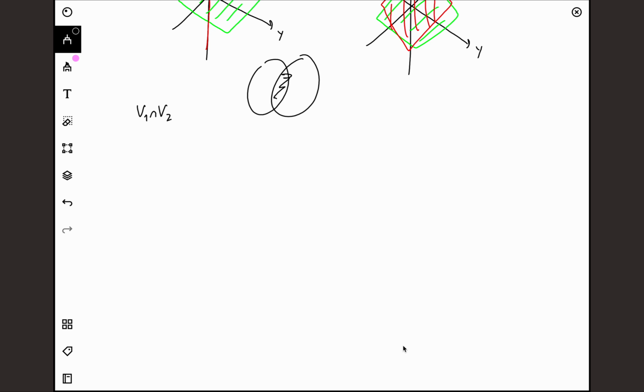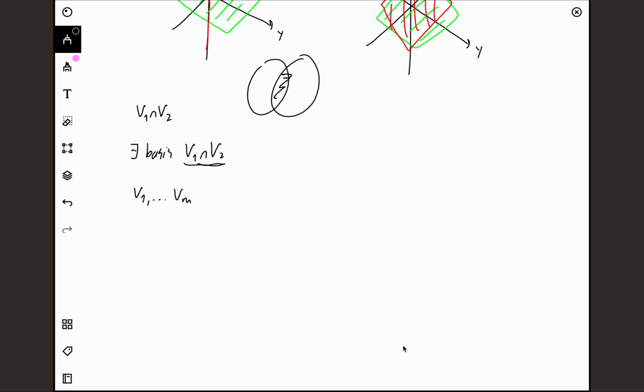The intersection is also a subspace, and we have theorems saying that for every subspace we can find a basis. So there exists a basis for V1 and V2, and we can say that these basis vectors are V1 to Vm and V1 to Vn, the basis vectors of V1 and V2.